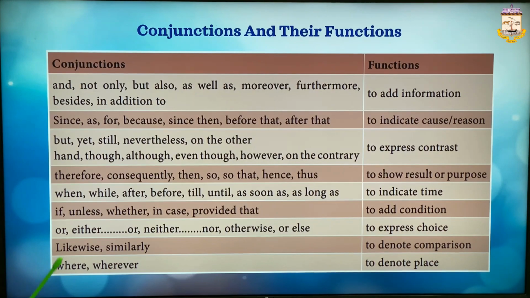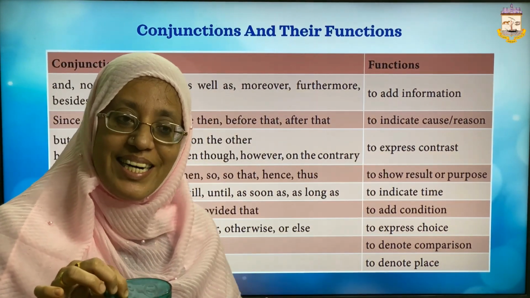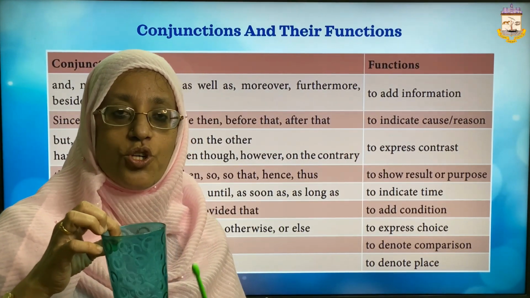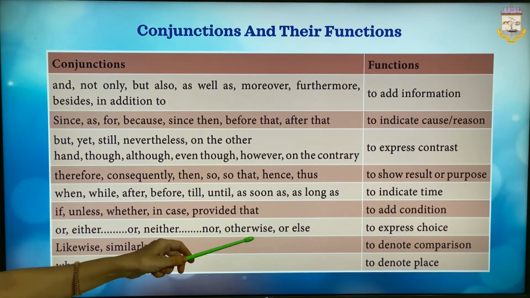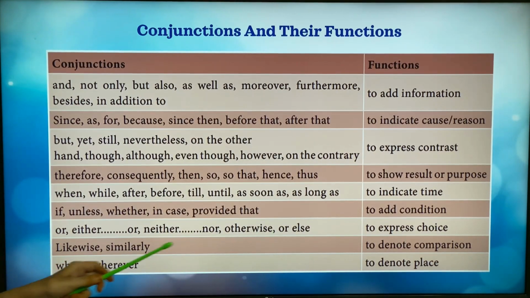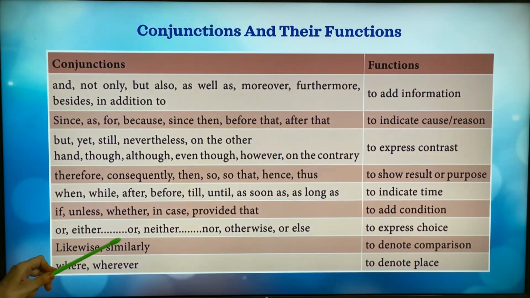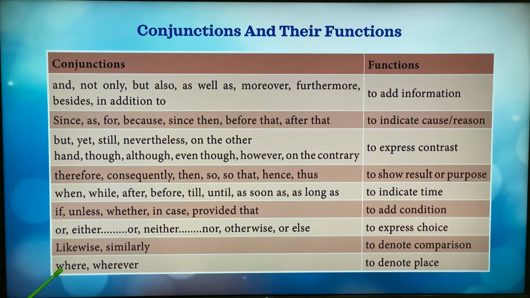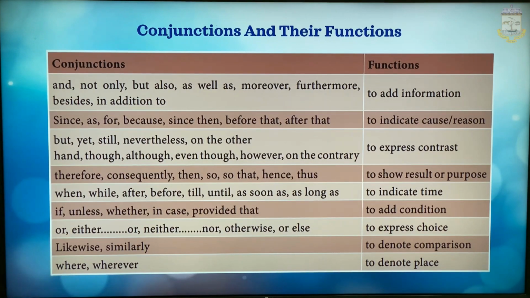For example, if I drop this glass, it will break. So it's a conditional clause. So this conjunction, if, is used to show condition. Is it clear? Or, either or, neither nor, otherwise, or else: these are used to express choice. Likewise, similarly, are used to denote comparison. Wherever, these are used to denote place.